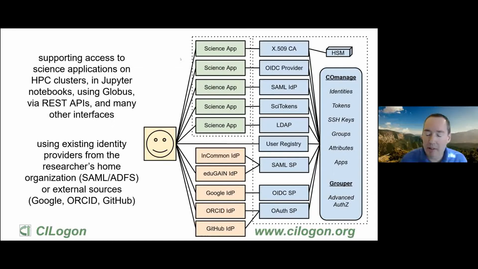And so those interfaces are all plugged into a backend through COmanage and Grouper that provides consistent groups and authorization information through a user registry, so that when the collaboration member logs in with their federated identity, they get those consistent attributes for access to the applications.